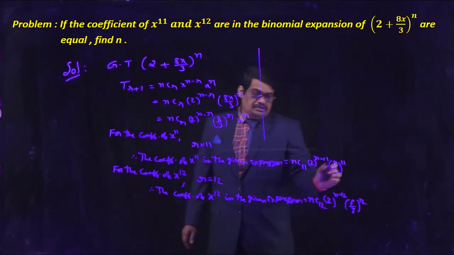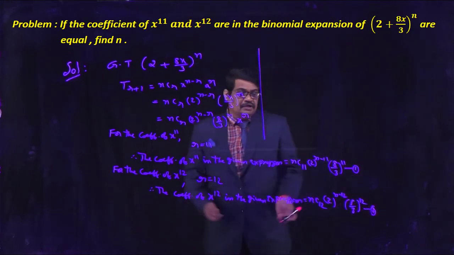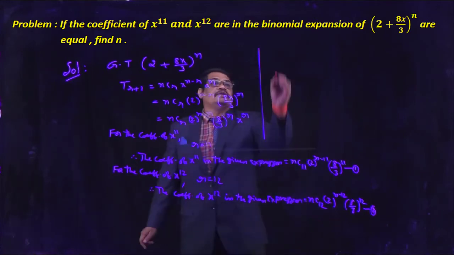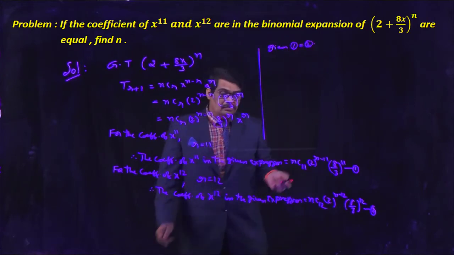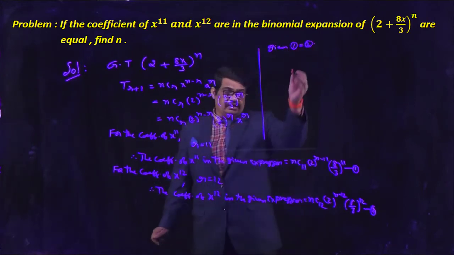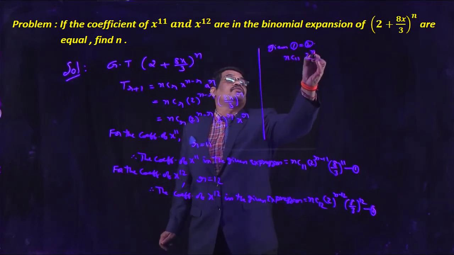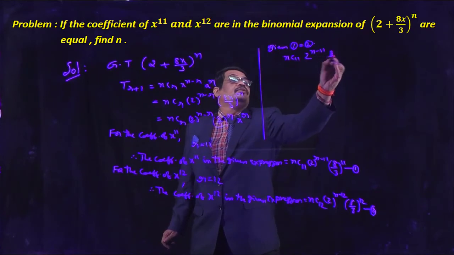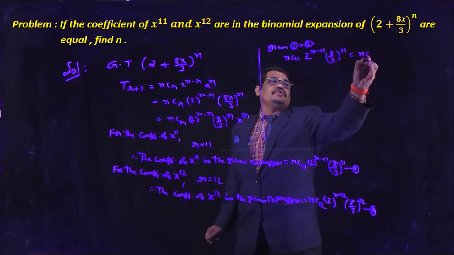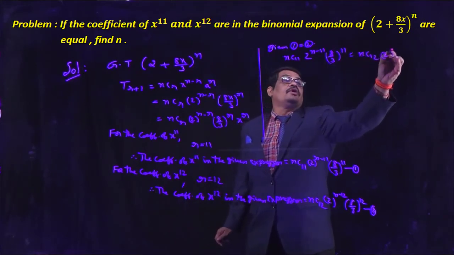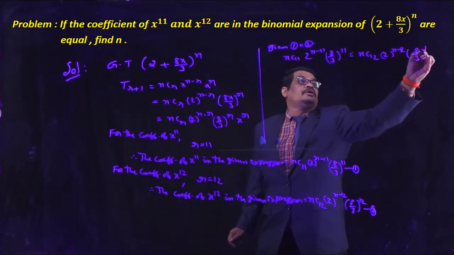Now see, this is equation 1 and this is equation 2. Given that these two are equal, we are equating these two. That is nC11 into 2^(n-11) into (8/3)^11 is equal to nC12 into 2^(n-12) into (8/3)^12.